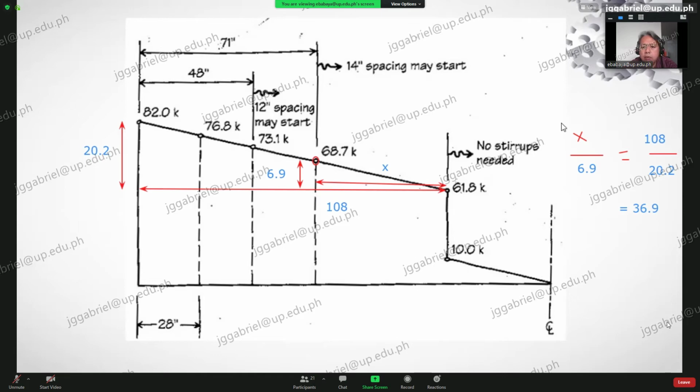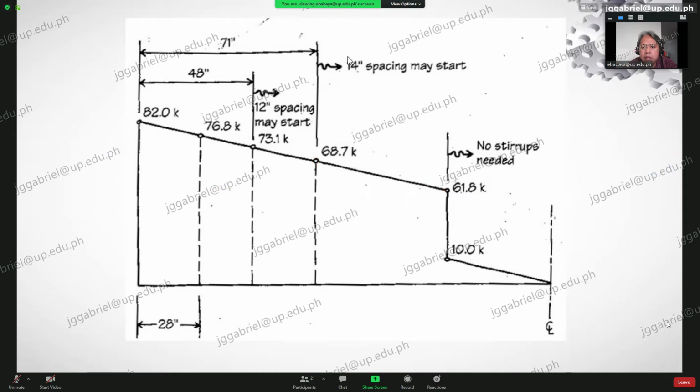So now that we have those, what does it mean? From here going down, 71 inches, the spacing would be the maximum spacing. Because this is the computed Vu when the spacing is 14 inches.